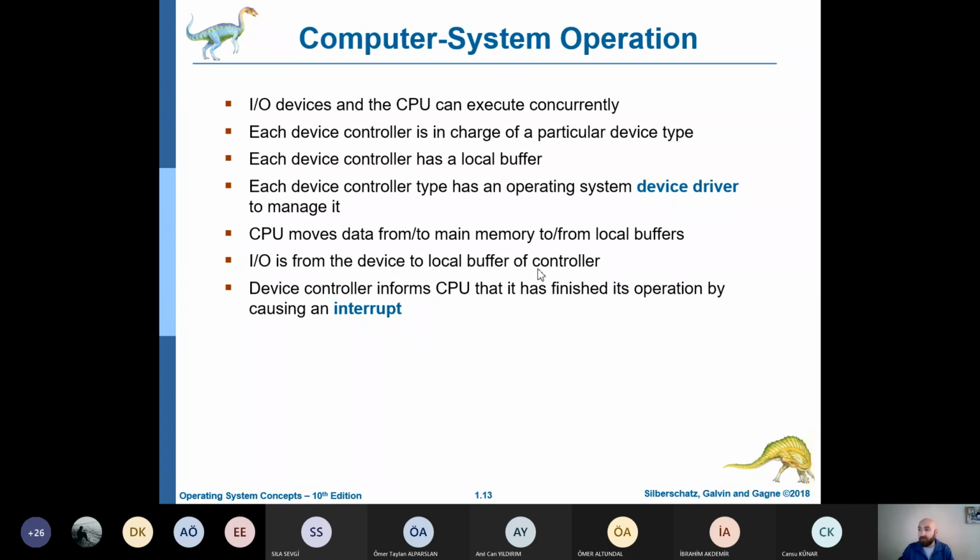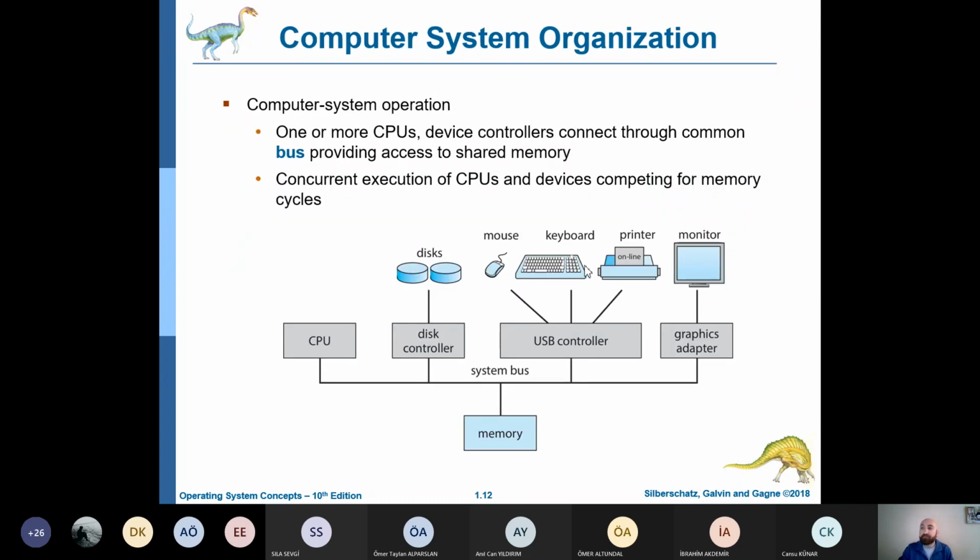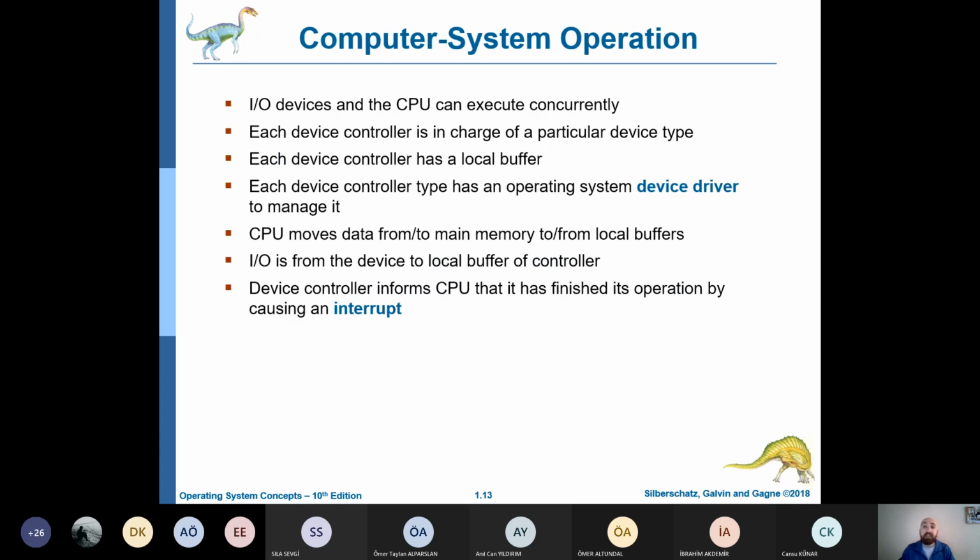Now, I'm going to continue with this scheme. Each device controller is in charge of a specific type of device. For example, in this example, we have this drive, audio device, or graphics display. A device controller maintains some local buffer storage and a set of special purpose registers.